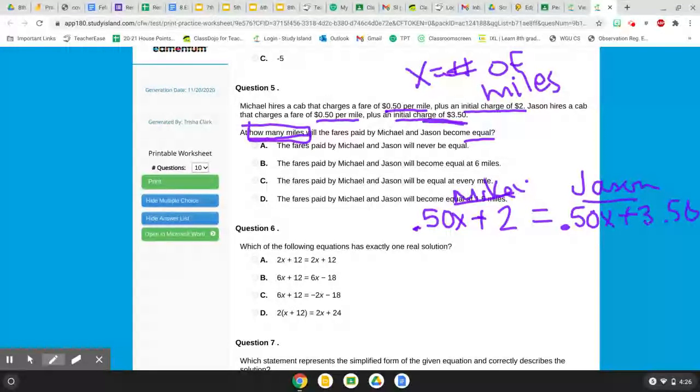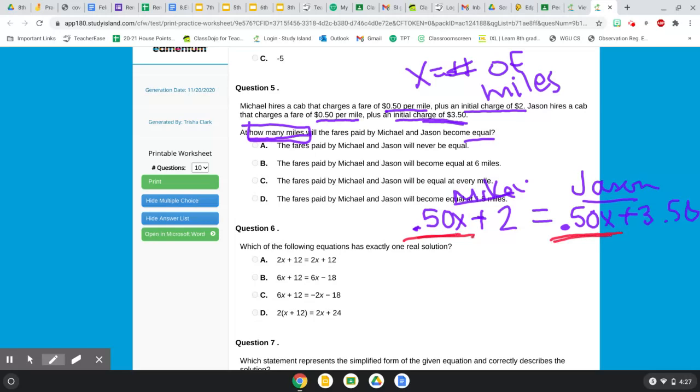Now let's think about this. If I'm looking for patterns, my x terms are both 50 cents times x. I can think of that as 0.5, like a half, because 50 cents is half of a dollar. So a half times a number and a half times a number gives me the exact same number. So these two are exactly the same.